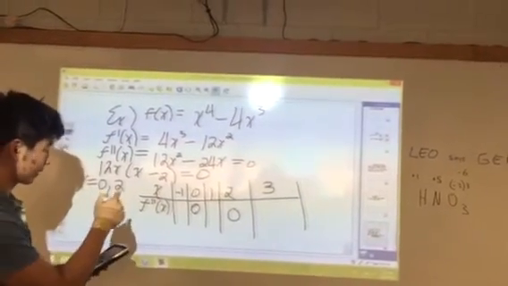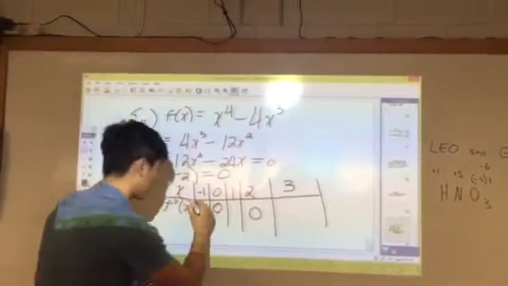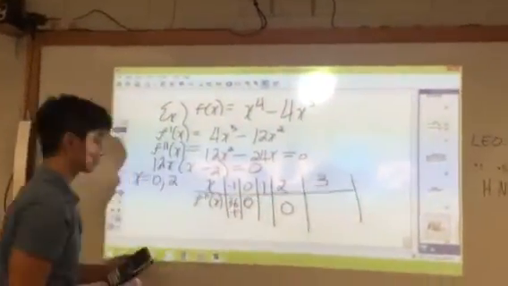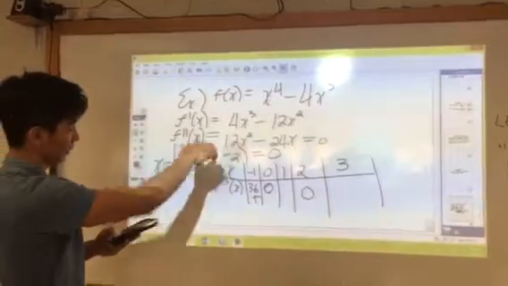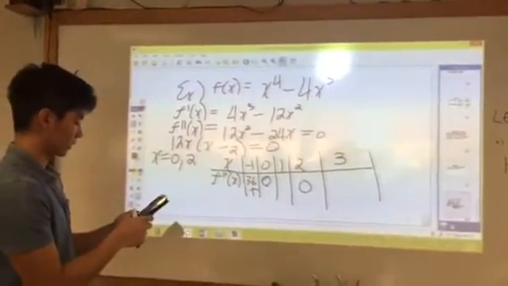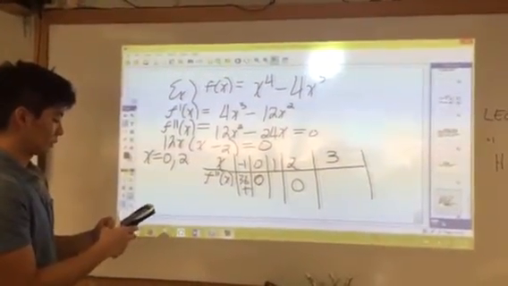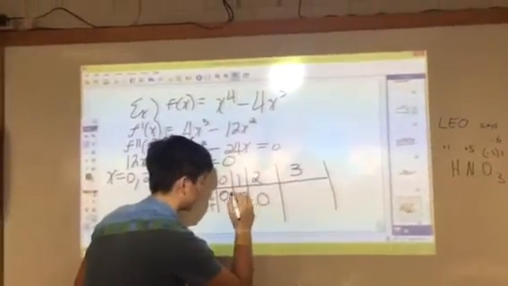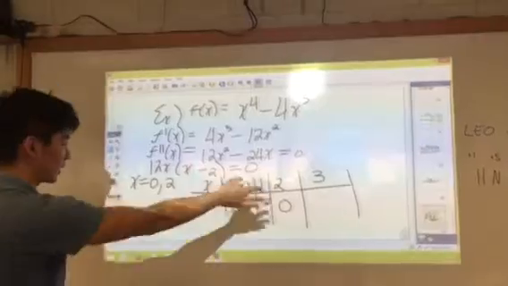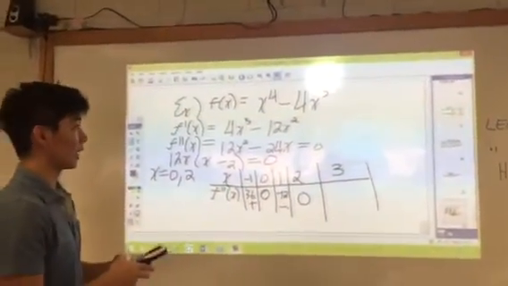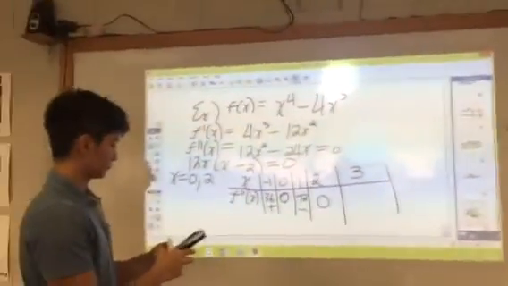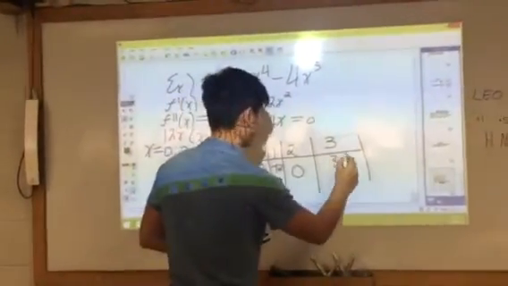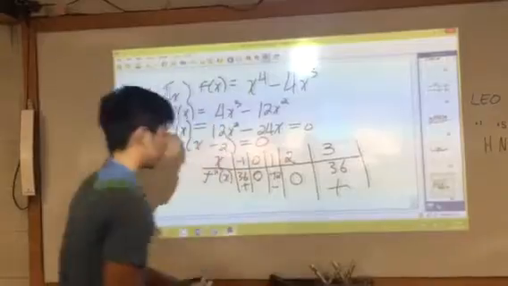Putting in -1 gives a value of 36, which is a positive value. Now let's input 1 into the second derivative. It provides a value of -12, a negative value. Now lastly, let's input x equals 3. You get 36, a positive value.